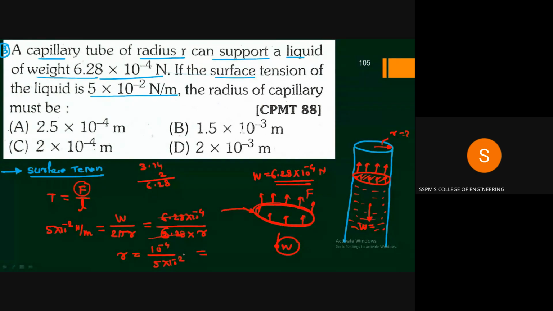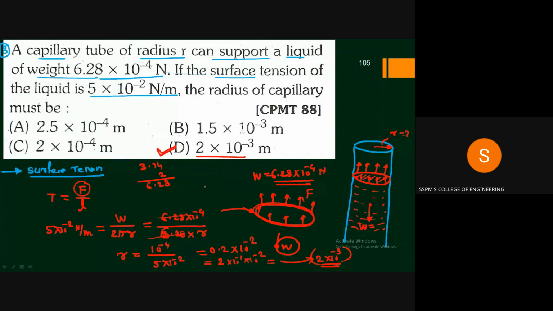So 1 by 5 is 0.2, into 10 to the power minus 4 upon minus 2, that is minus 2. If I write this as 2 into 10 to the power minus 1 into 10 to the power minus 2, then adding the powers your answer will be 2 into 10 to the power minus 3. So this is the radius, and the correct option is option D, 2 into 10 to the power minus 3 meter.